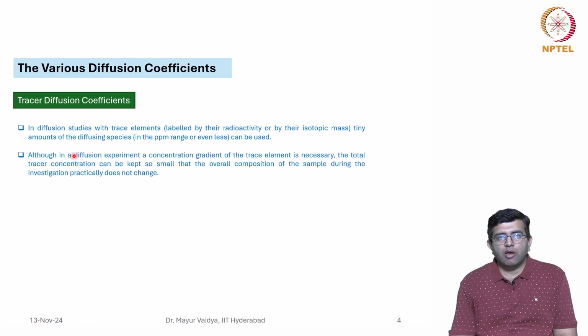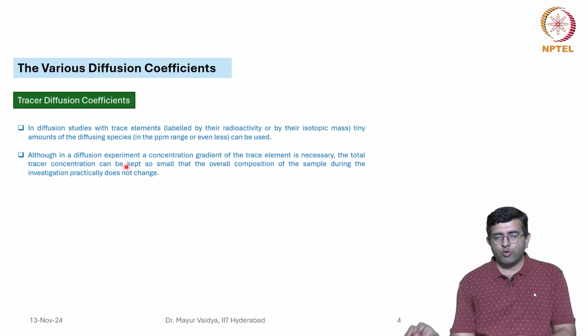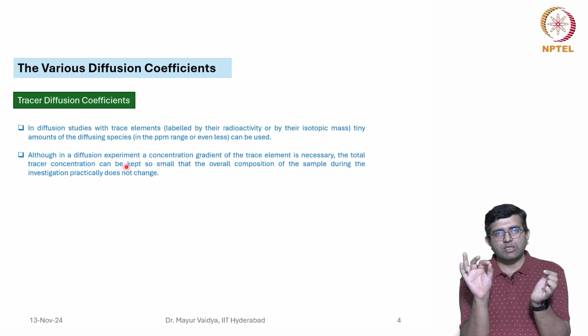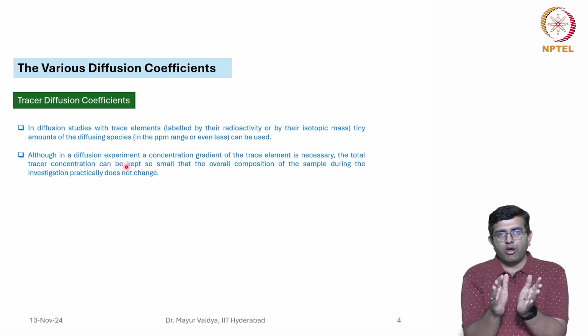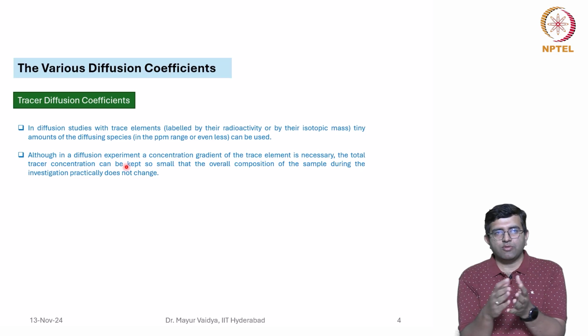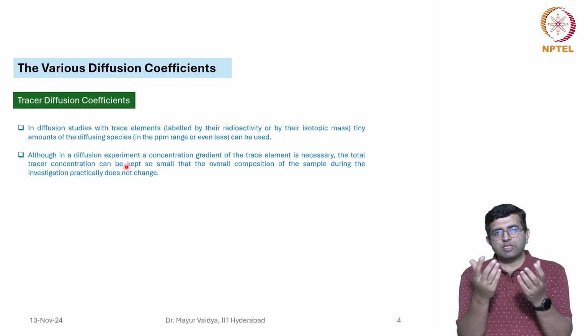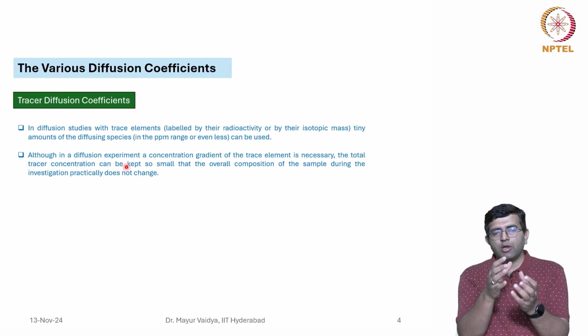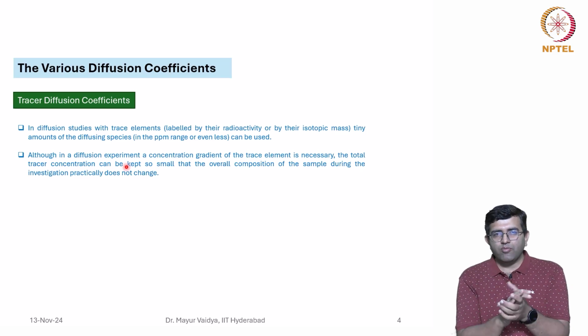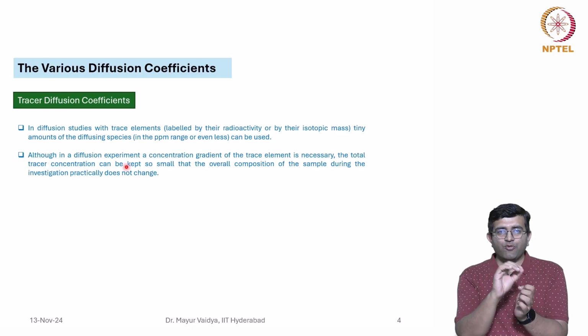So in the diffusion experiment, of course, you need a slight bit of concentration gradient, but it is so small that the overall composition of the sample practically does not change. From my own experience, I have used this method, and the amount of tracer that we used to drop on the samples was somewhere in microliters, and that too, the tracer is in the form of a solution.